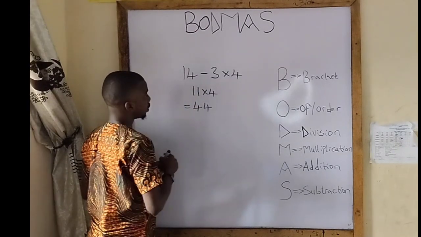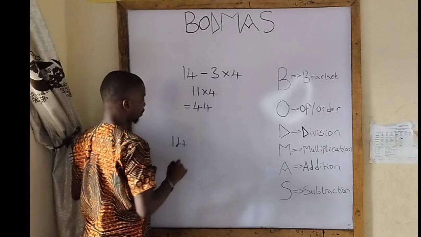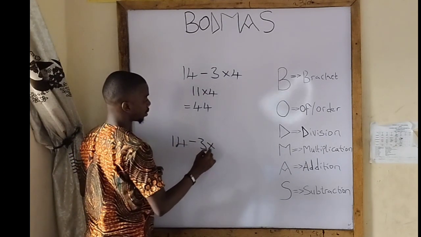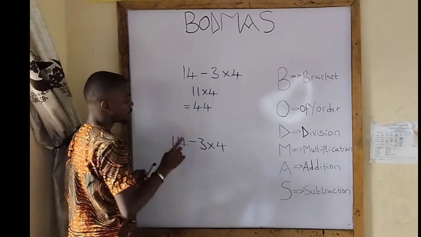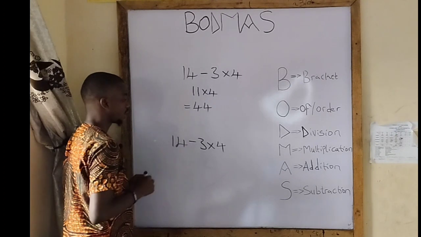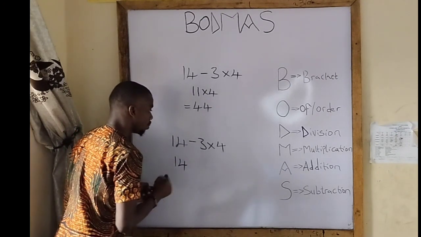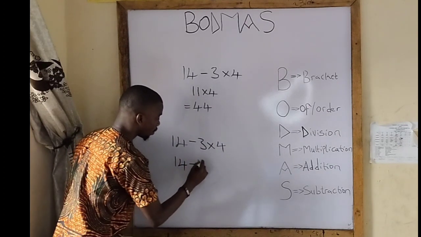Now, if we have the same 14 minus 3 times 4, let's obey multiplication first before subtraction. So that we have 14, minus 3 times 4 will give us minus 12.